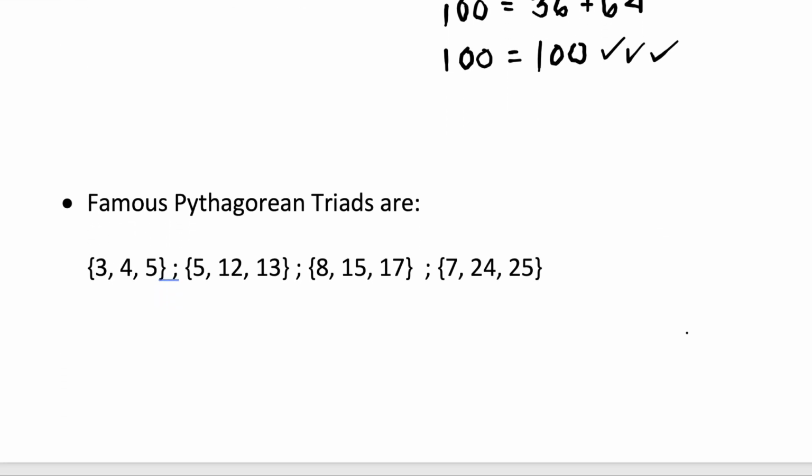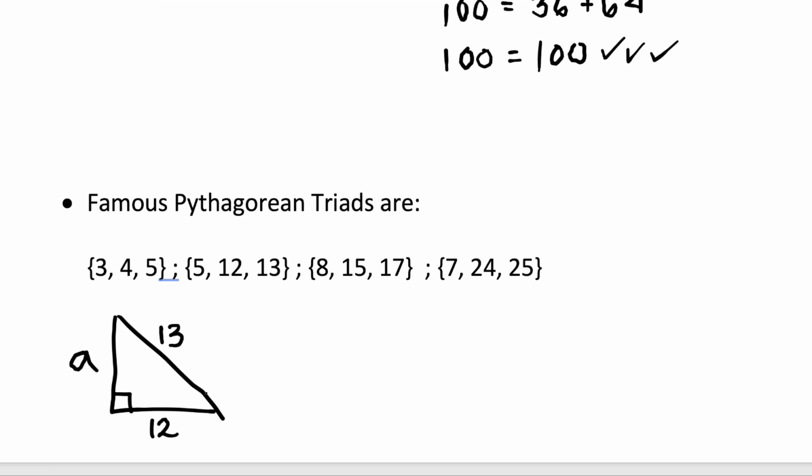Now, these are famous Pythagorean triads that you can memorize, or it's good to know them because they will be very useful. I'm going to just draw it here. If they're giving you a problem like this, where the hypotenuse is 13 and one of the sides is 12, what is going to be A?